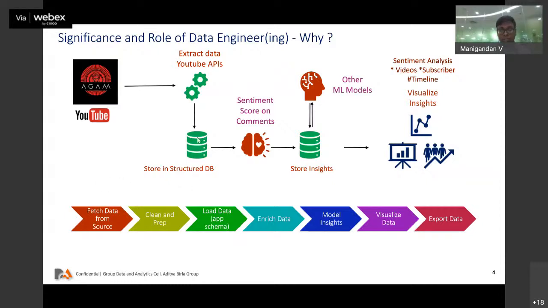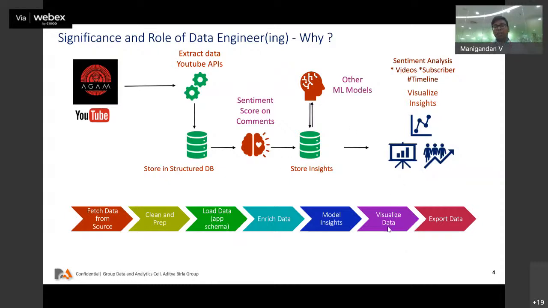You can push that into the DB also. So you can enrich the data which you already had, then generate the insights from the model, and that information has to be visualized. Again, as I told you, for achieving each of these things, the choice of tools and technology can be anything.